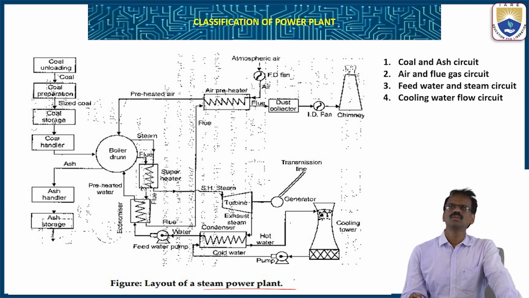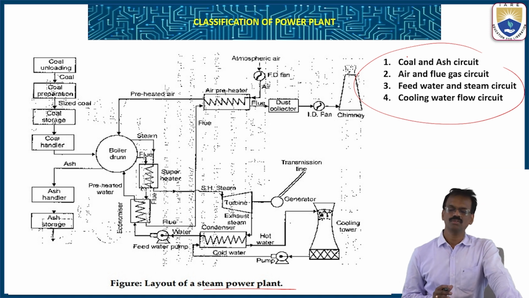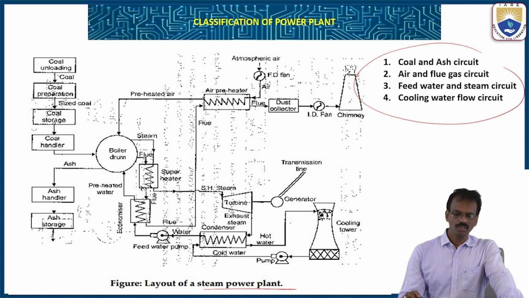Here we'll see four circuits mainly, which are used to generate electrical power by mechanical means, from the coal to the generation of energy. First one is the coal and ash circuit. That is one of the circuits.